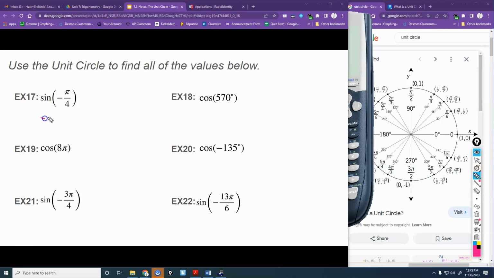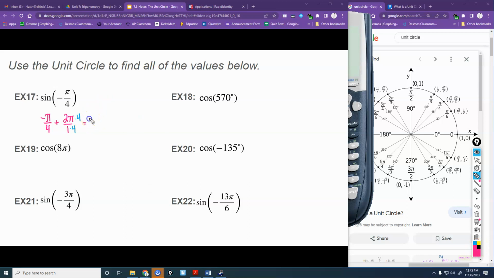So we've got negative pi over 4 plus 2 pi, because 2 pi is a full rotation and is going to get us a coterminal angle. I'm going to put that over 1, because to add fractions, I need them both to be fractions. I need the denominators to be the same, so I must multiply by 4 on top and bottom.